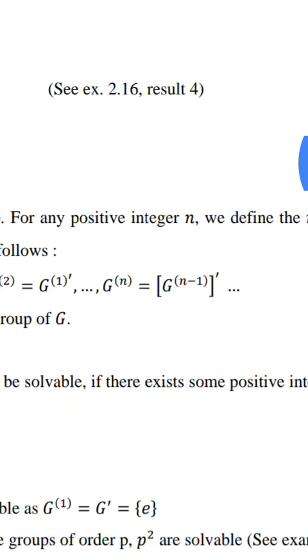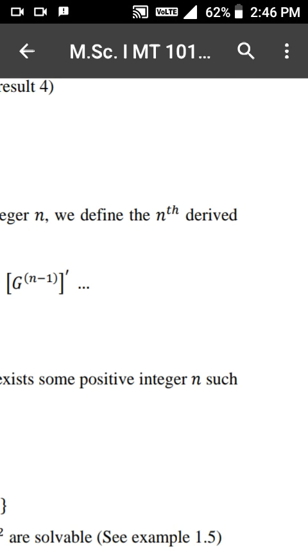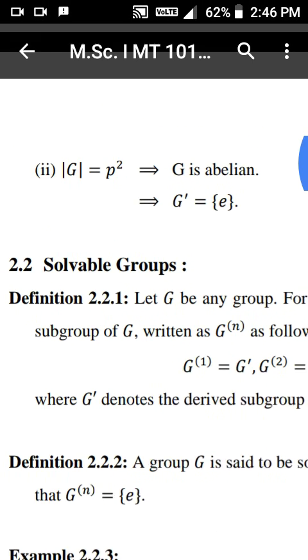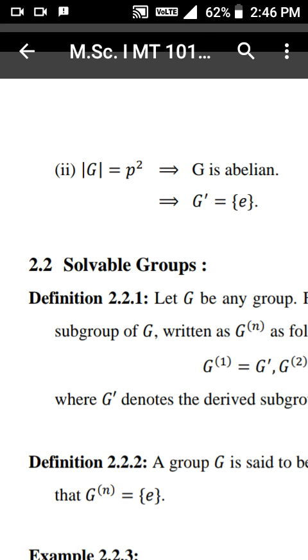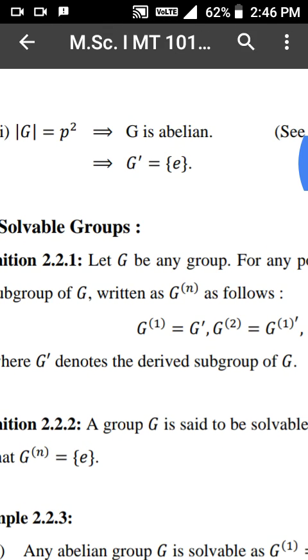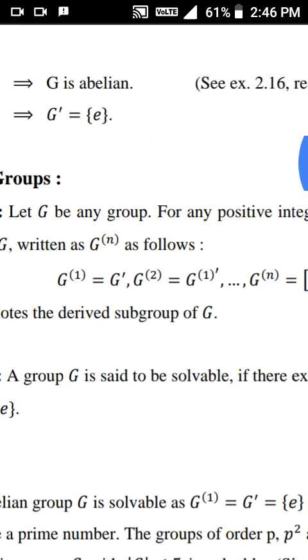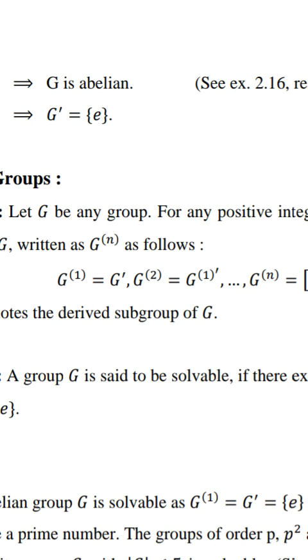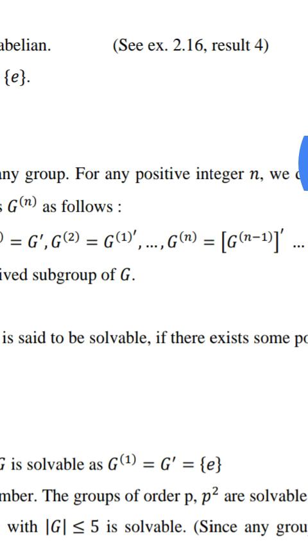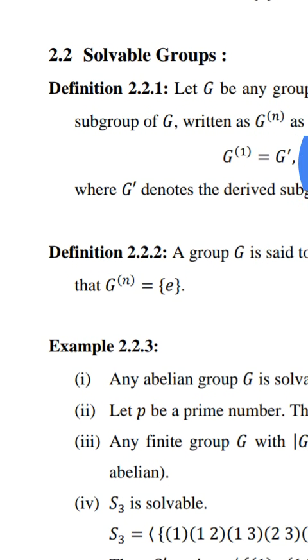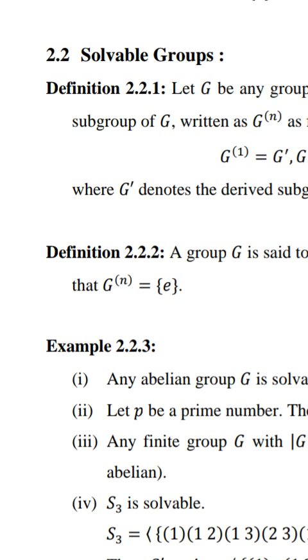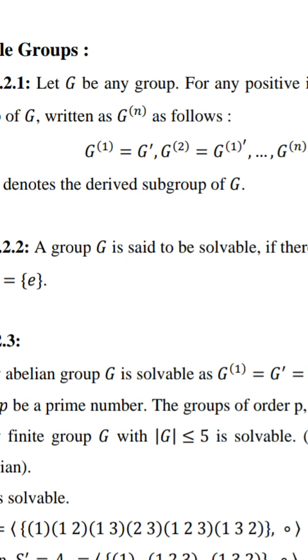For any positive integer n, we define the nth derived subgroup of G, written as G^(n), as G^(1) is equal to G', G^(2) is equal to (G^(1))', and G^(n) is equal to (G^(n-1))', where G' denotes the derived subgroup of G, and this is a solvable group.